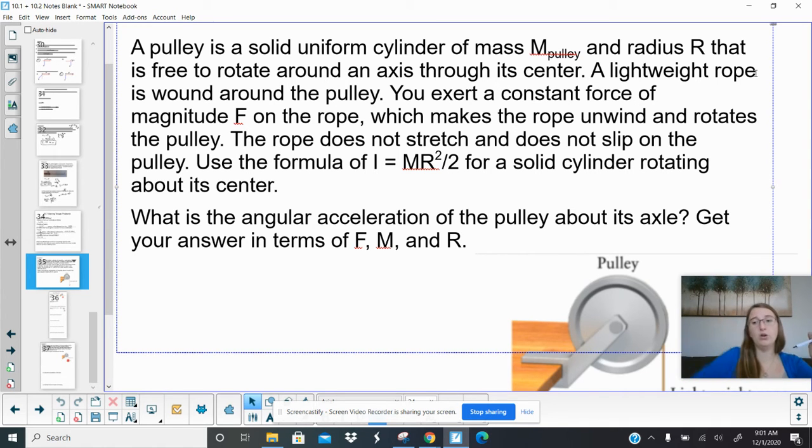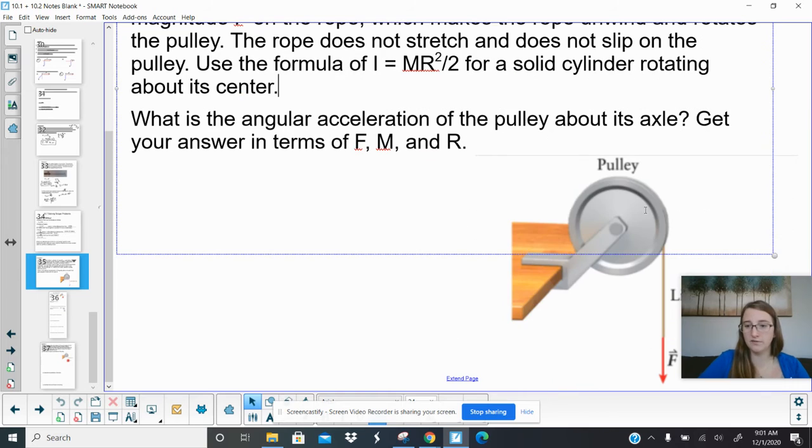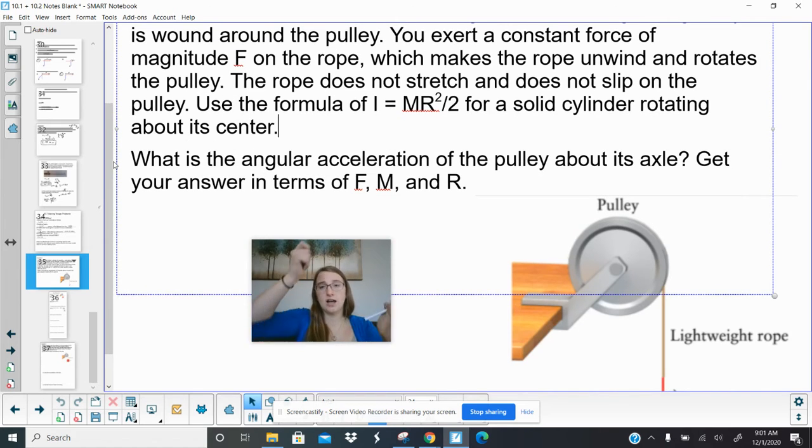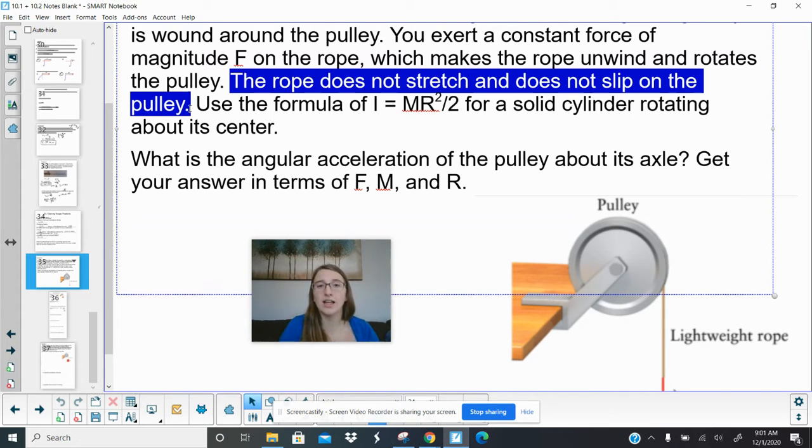We are going to pull down on the rope with a constant force, F, which causes the rope to unwind and rotates the pulley. The rope does not stretch and does not slip on the pulley. They say this just to make things simpler. If the rope did stretch, this would be a much more complicated problem. That just means we can make some assumptions about ignoring certain things.